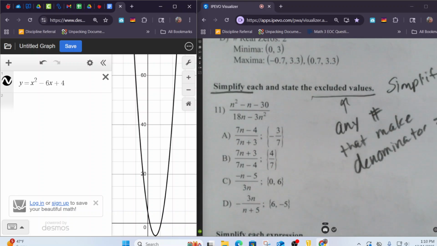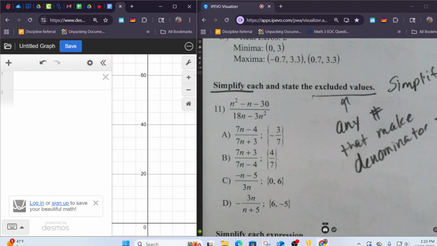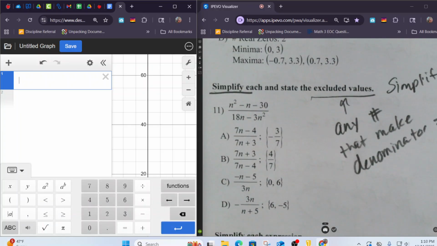All right. So guys, we're not trying to factor this. We're just trying to match the graphs.